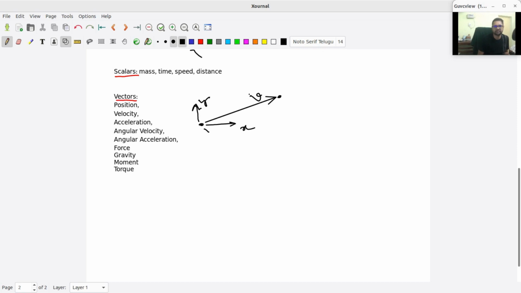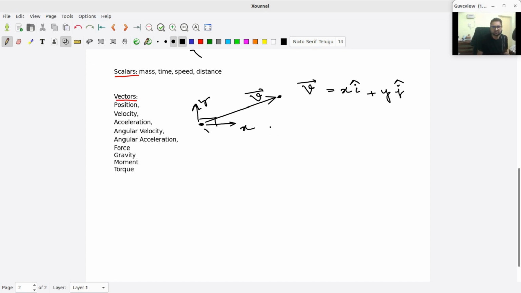So your vector v can be written as some x units along i cap, where i cap is a unit vector along the x-axis, and then y units along j cap, where j cap is a unit vector along the vertical axis. So i and j are mutually perpendicular unit vectors.